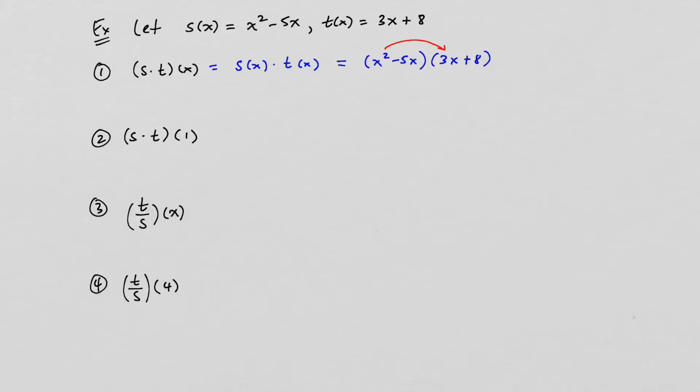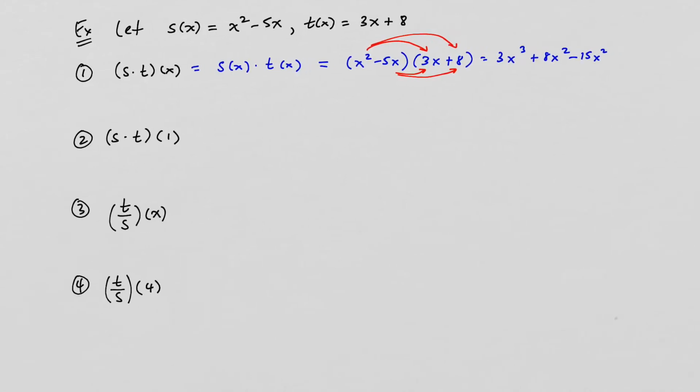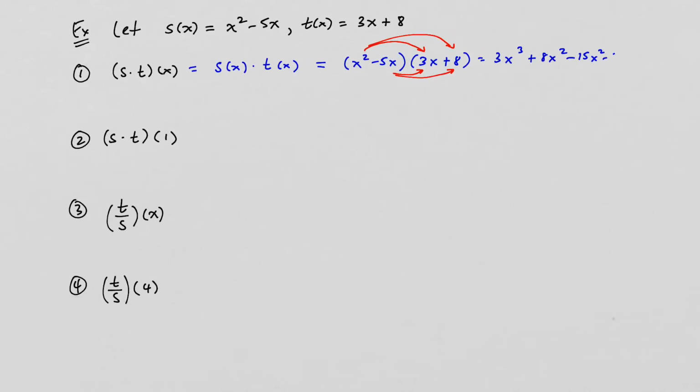And if we FOIL here, we will end up with 3x cubed plus 8x squared minus 15x squared, and finally minus 40x.